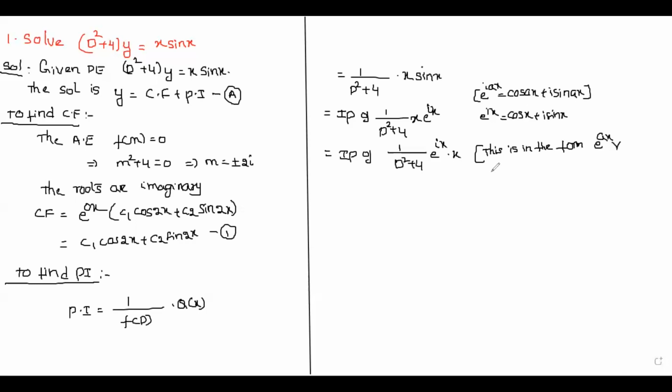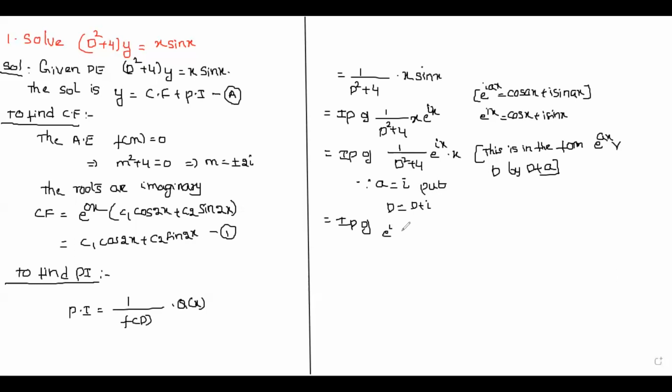We can solve this by substituting d by d plus i. Here, since a is equal to i, put d is equal to d plus i. So this is equal to the imaginary part of, as already discussed, the exponential should come to the left and d should be substituted with d plus i.